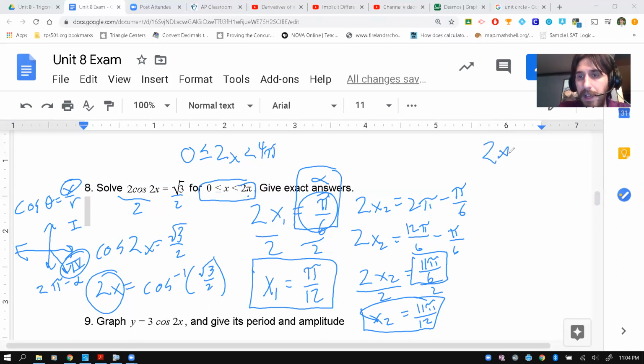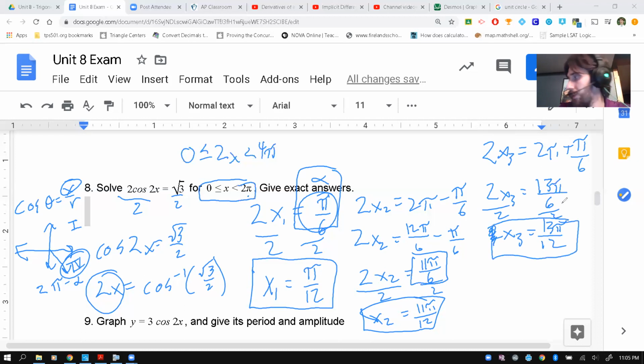So my third answer will be 2 pi plus pi over 6, which is the same thing as 12 pi over 6 plus 1 pi over 6, which is 13 pi over 6. Divide by 2, and that gives us the answer 13 pi over 12. So that's my third answer.